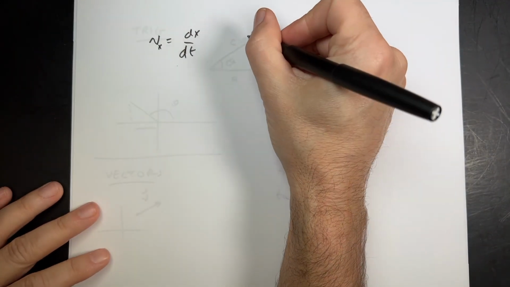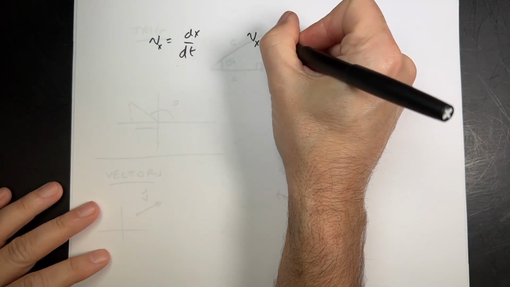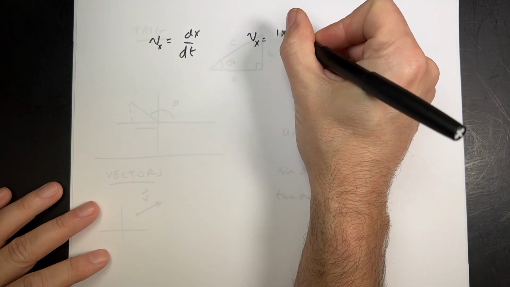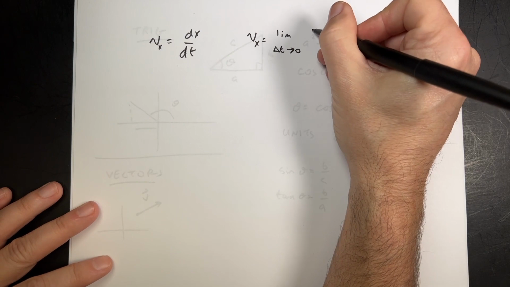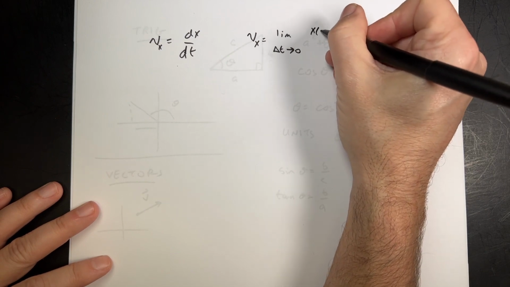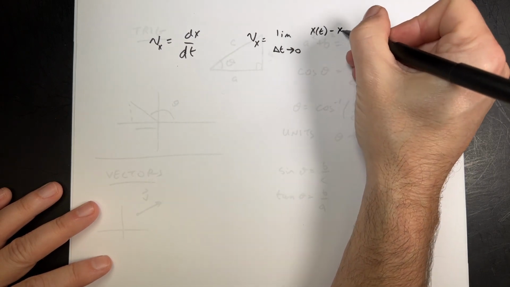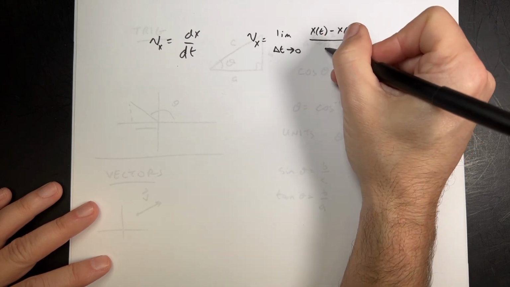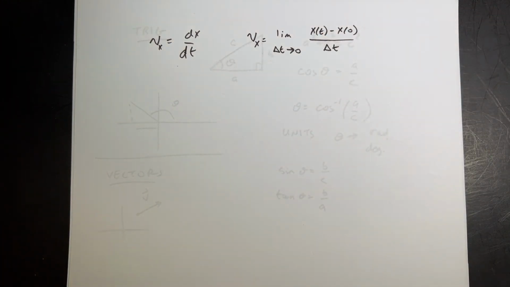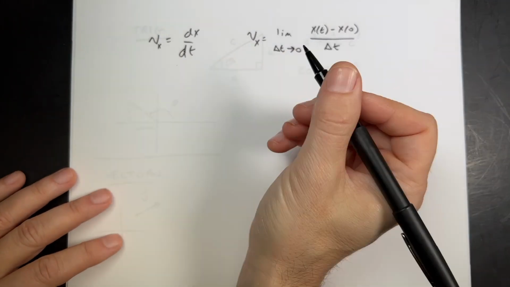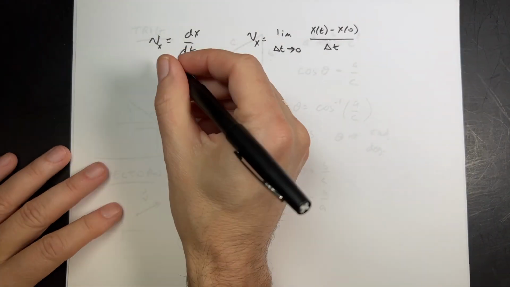Okay, in calculus, you'll say v_x is the limit as delta t goes to 0 of x of t minus x of 0 over delta t. And that turns into a derivative. And once you get into derivatives, if you haven't done that, that's fine.